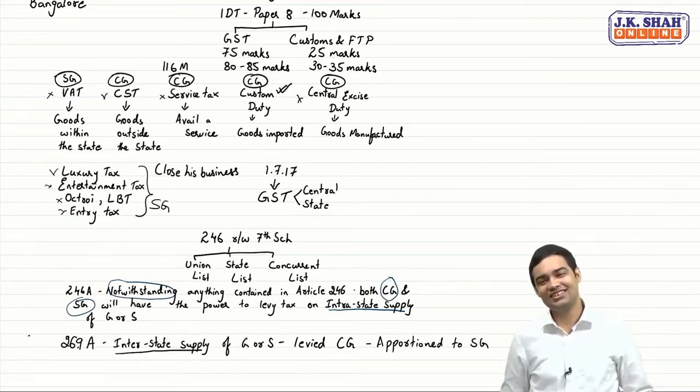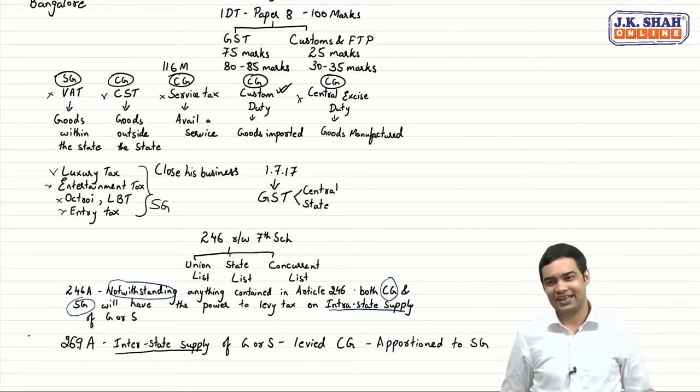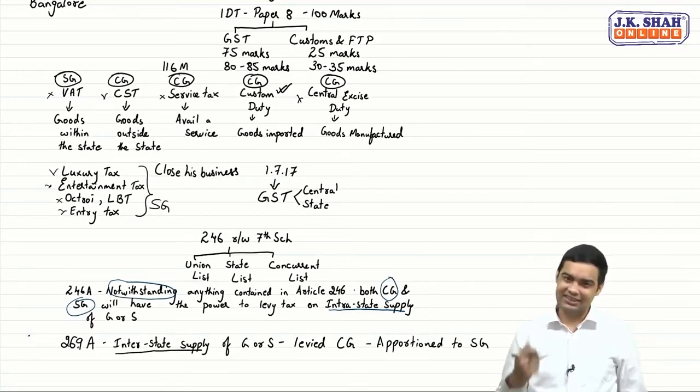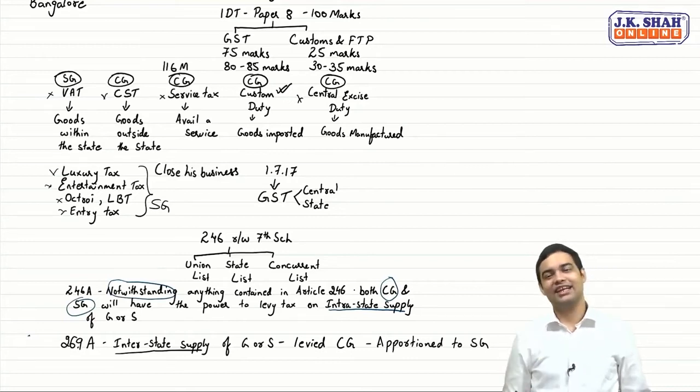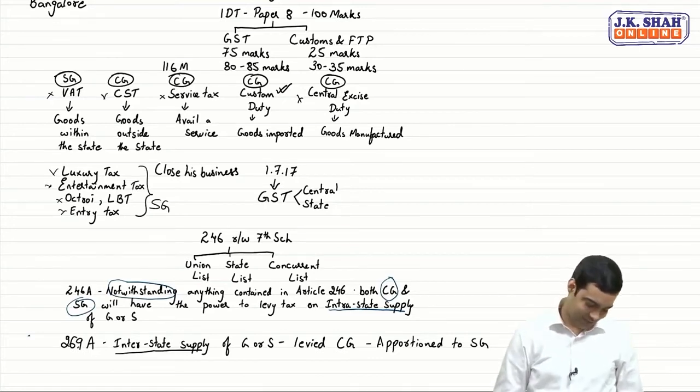Article 246A says, notwithstanding anything contained in Article 246, central government and state government both would come together and levy taxes on intrastate supply. Article 269A says, in case of an interstate supply, it would be levied by central government, but it would be apportioned to state government as well. You have come across a tax known as CGST. CGST comes from here.